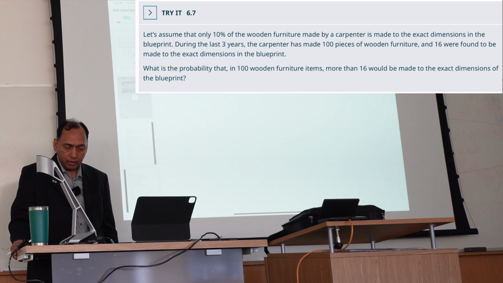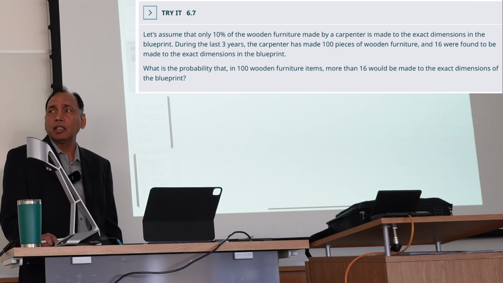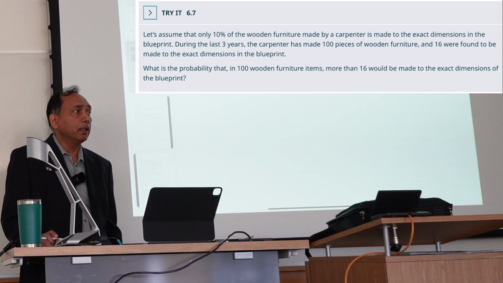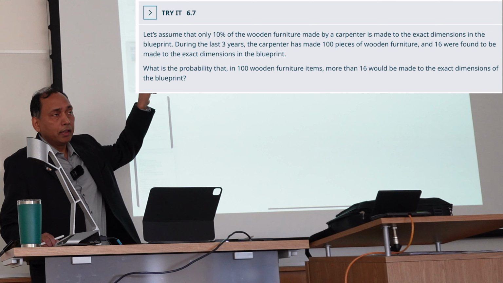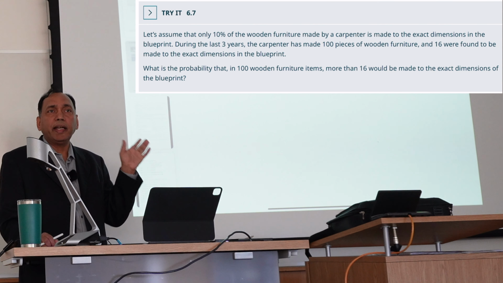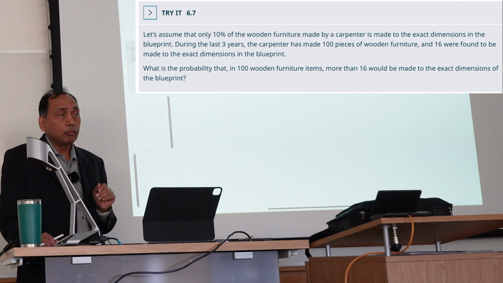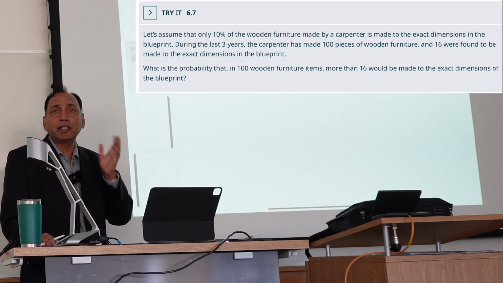During the last 3 years, the carpenter has made 100 pieces of such furniture. 16 were found to be made to the exact dimensions. The situation given is a very straightforward binomial because you are given a probability, that 10%. So that's P. So binomial, if you recall, we need N and P.